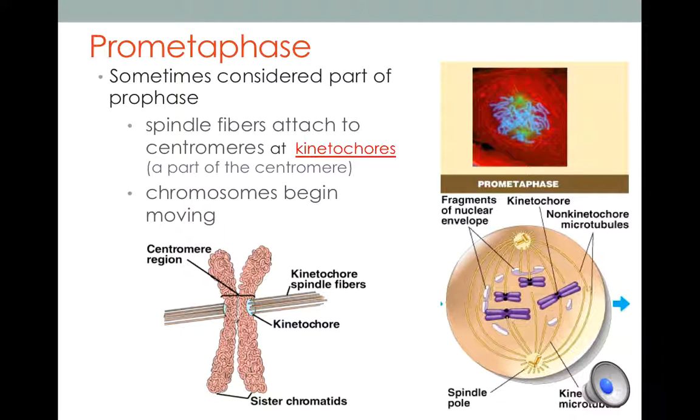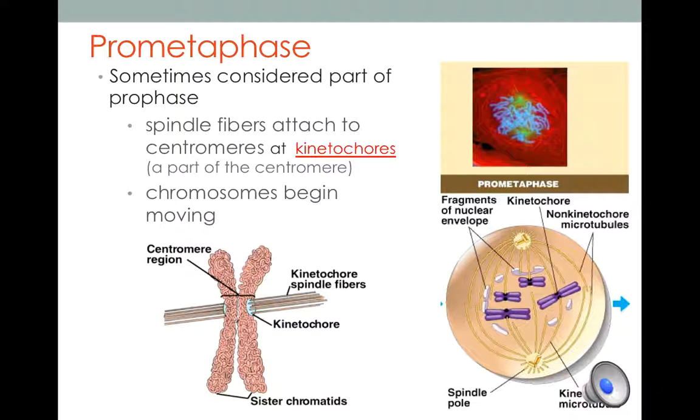After prophase, we move into prometaphase, and this is when the nuclear envelope is really going to start to disappear. The spindle fibers are going to really be extended and formed at this point. And the spindle fibers are going to start attaching to the kinetochore. The kinetochore is actually found at the centromere of a duplicated chromosome. And you can see in the picture with the pink chromosome at the bottom of the screen here, those little light blue proteins are actually called kinetochores.